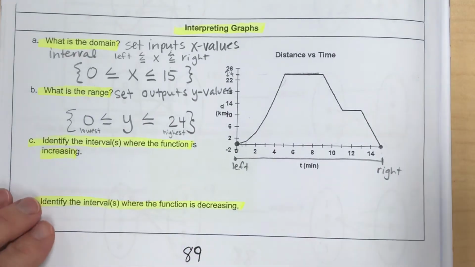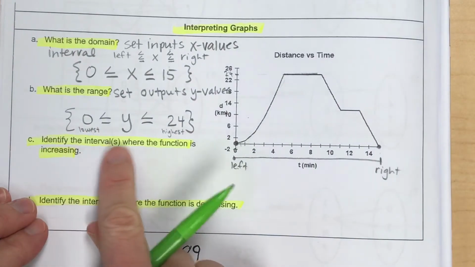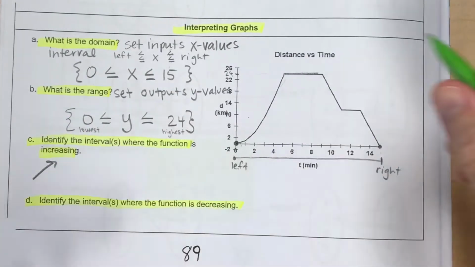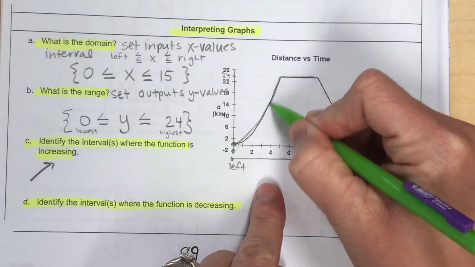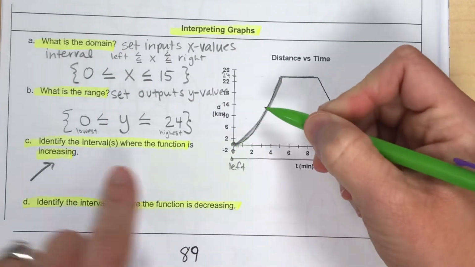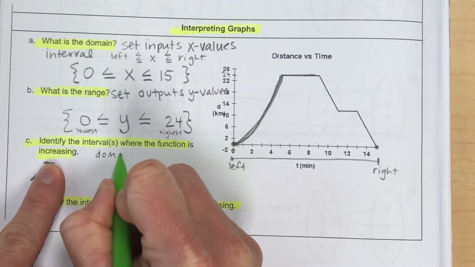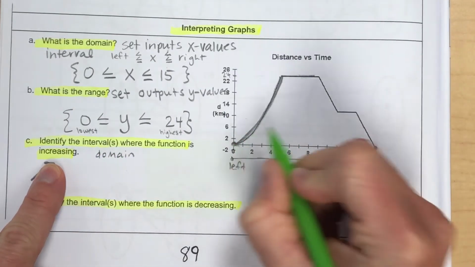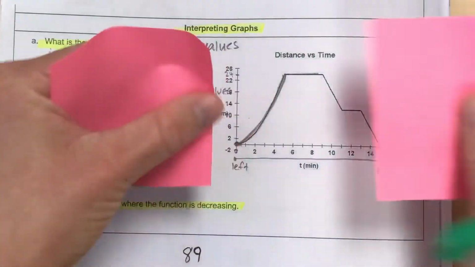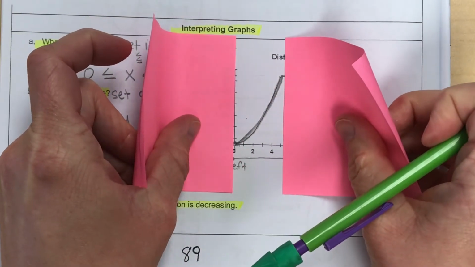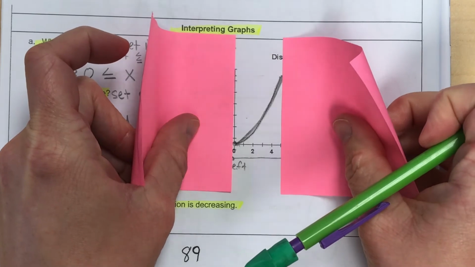Now for the next question, it says C, identify the intervals where your function is increasing. That means where your function is going up. And I notice our function is going up in this section. Now what I'm going to do is label that with domain, and say, from what x values does that graph go up?